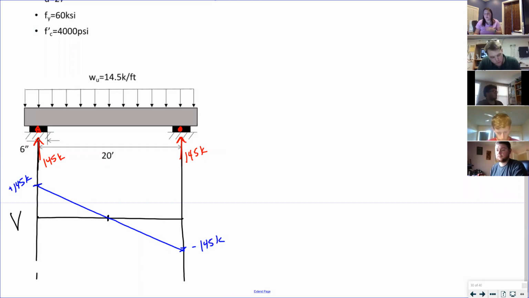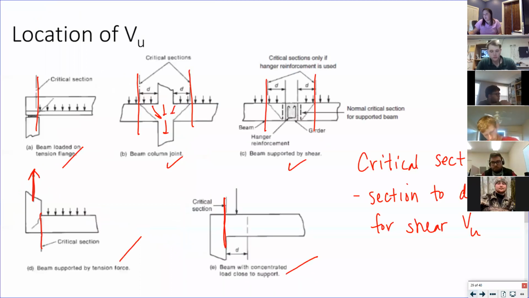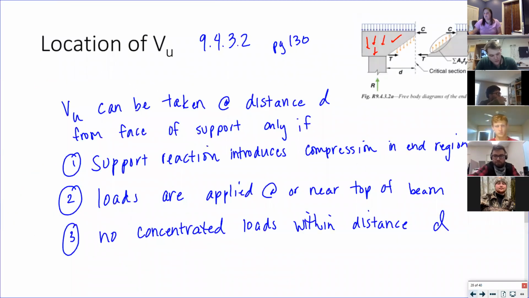So we're going to need this for a couple of things. First of all, we've learned that we can take our Vu, what we need to design for, at a distance d from the face of the support, provided we meet these conditions.